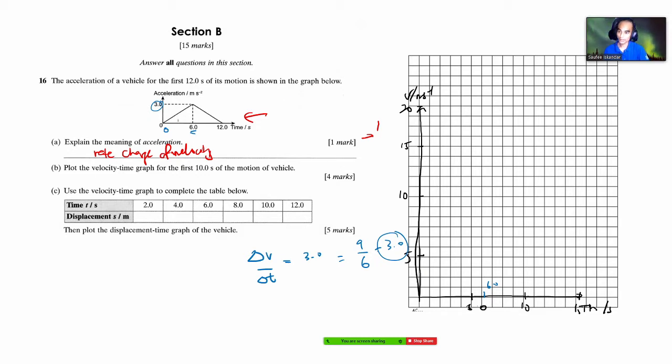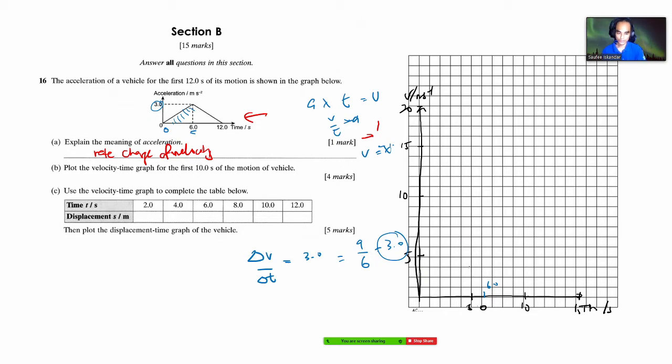So under the graph here, acceleration times time gives you velocity. Ah, yeah, correct. Acceleration times time. So v over t equals a, and v equals a times t.